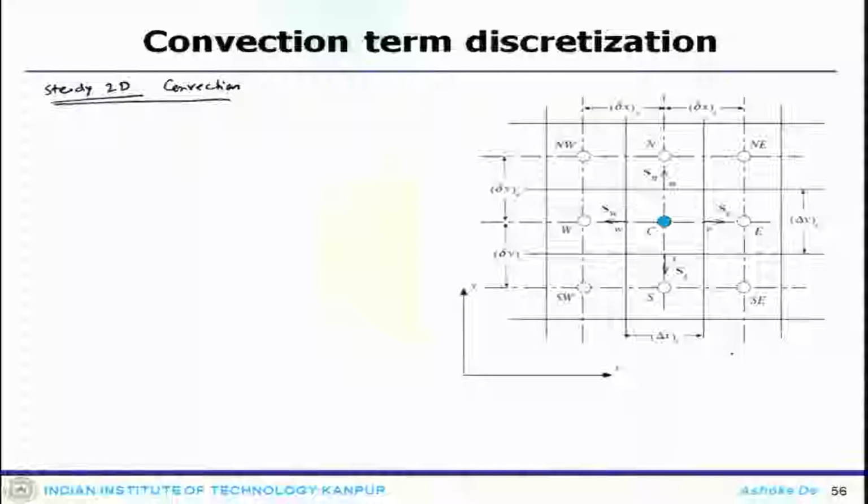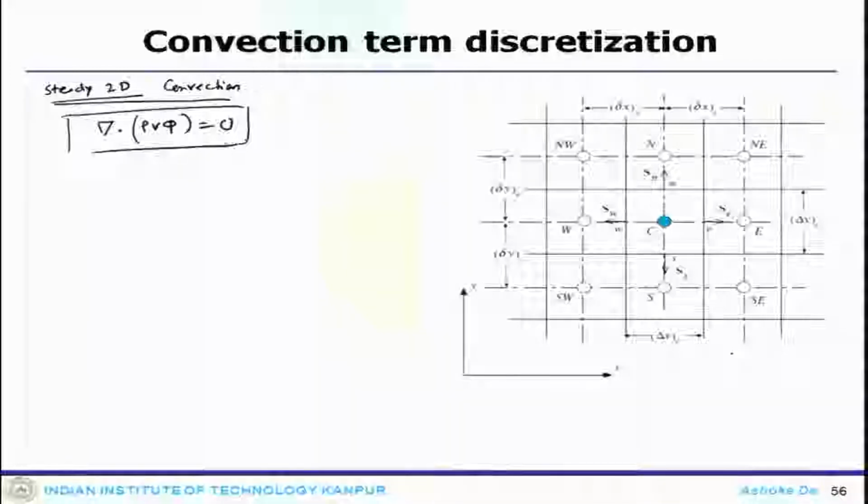Here we will start with the 2D steady convection only, which is represented as del dot rho v phi equals 0. That is the equation which governs the two dimensional steady convection system without any external source term.